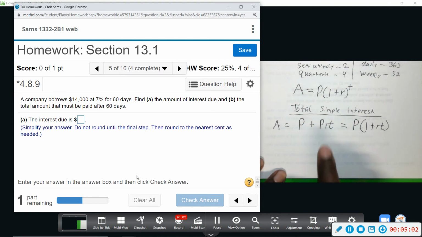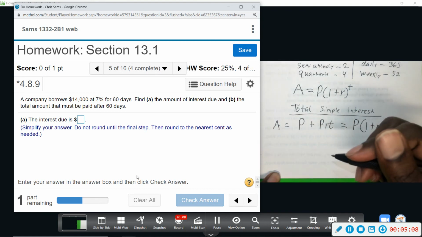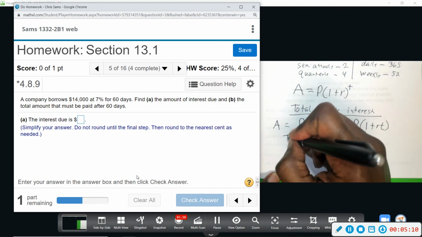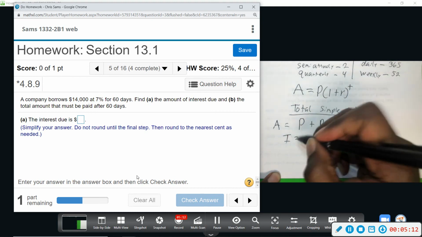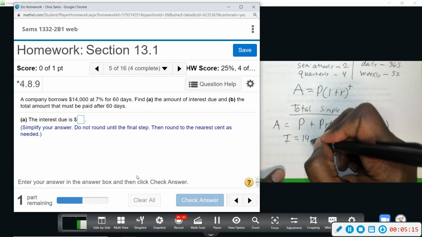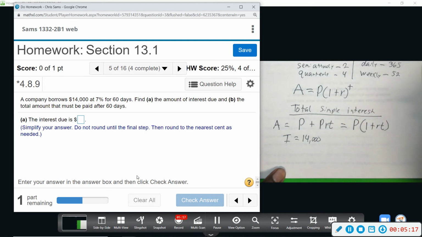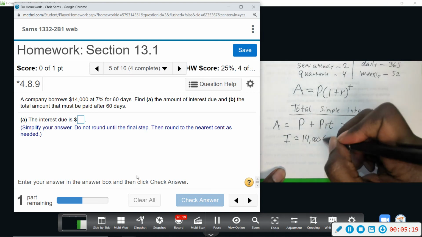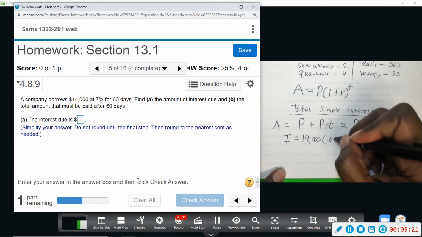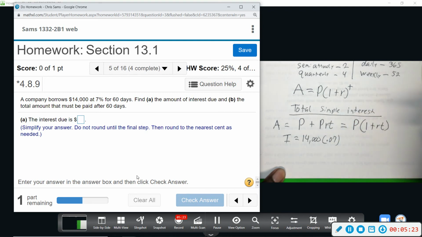All right, so we're going to do that here now. We're going to find the interest, add it to the principal, and we're going to get that total. So the interest is the $14,000 times the rate, 0.07, so 7% converted to a decimal.